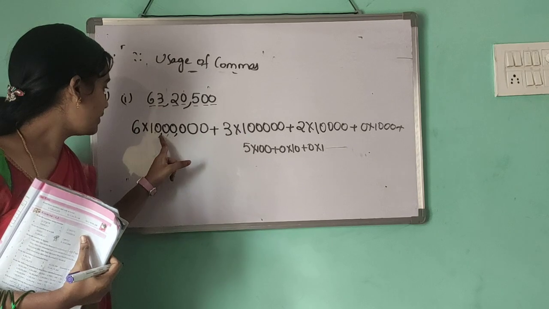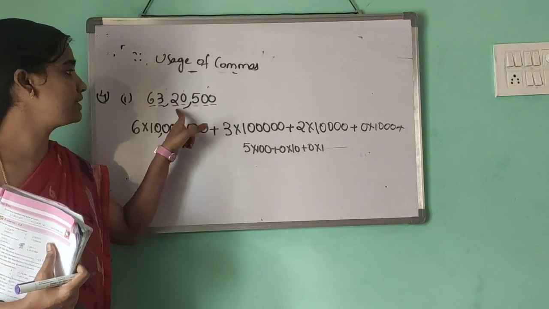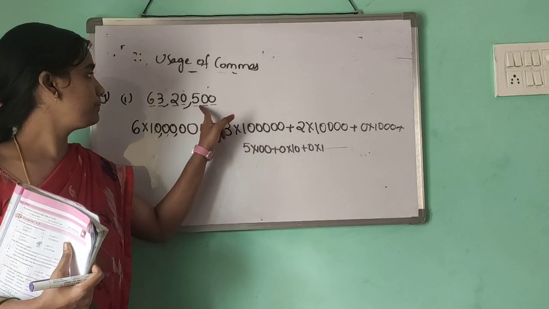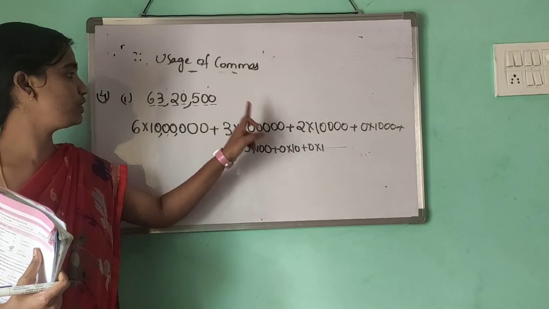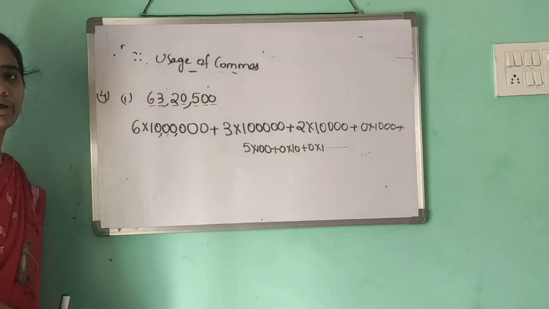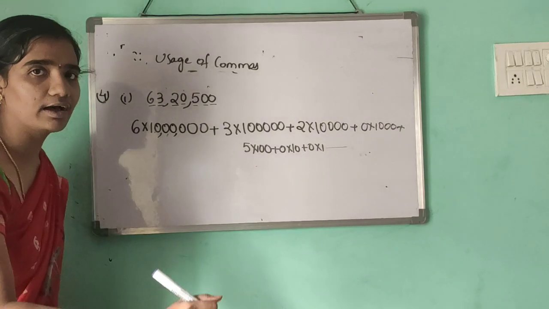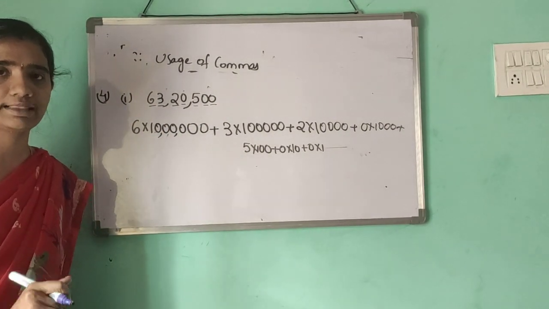So 6 into 10 lakhs. 3 is in the lakhs position: 3 into 1 lakh plus 2 into 10,000 plus 0 into 1000, 5 into 100 plus 0 into 10 plus 0 into 1. This is the expanded form of the given number. First we have to find which number is in which place; that makes it easy to get the answer.